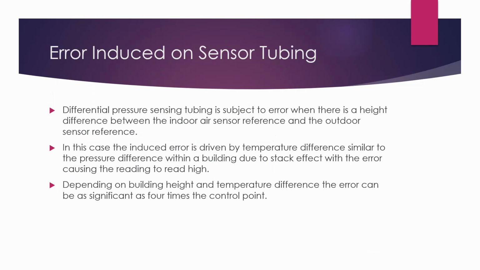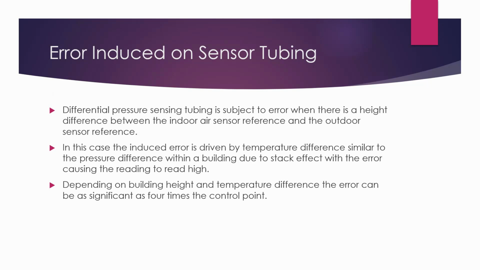So with building static pressure, there is an error that is induced into the sensing array during cold weather when there's a height difference between the indoor air reference and the outdoor reference.